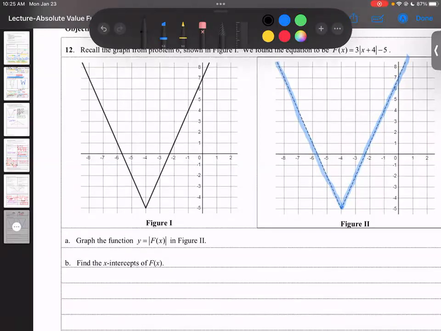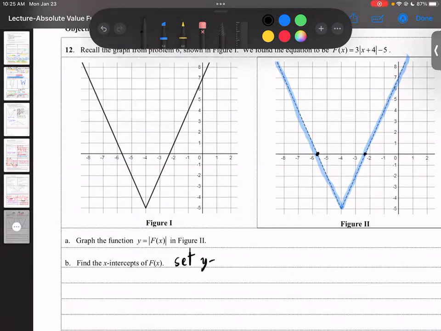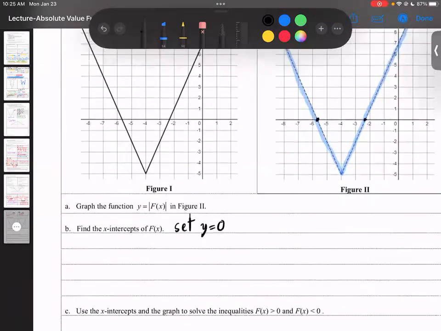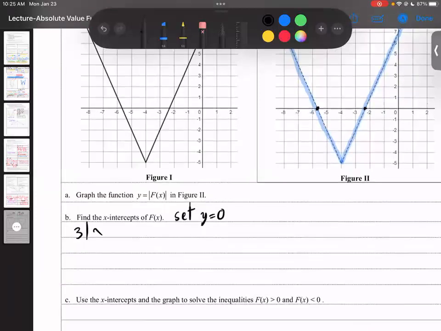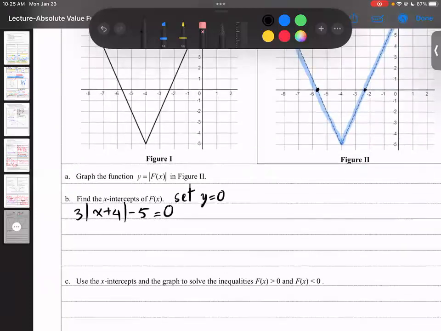The x-intercept is when y equals 0, yes? There's no height there. To find it, I cannot just eyeball it. To do that algebraically, I set the height equal to 0, and then I solve. The height is the function, 3 absolute value of x plus 4 minus 5 equals 0. Then you solve for x.